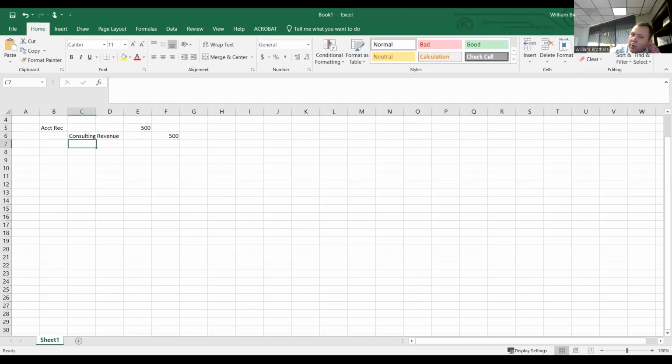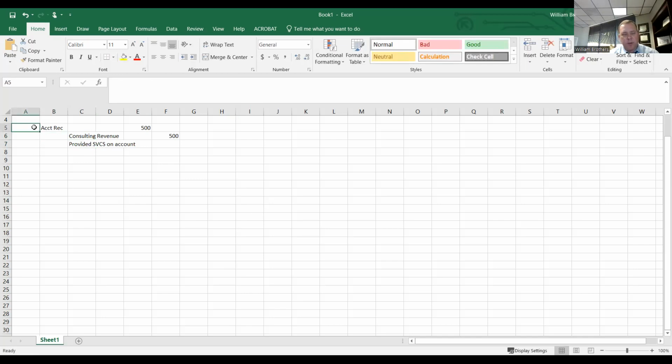In this example, both the asset, accounts receivable, and the revenue item, consulting revenue, are increased. Assets are increased by debit. Revenue is increased by credit. And I'm going to put in a description: provided services on account. So that's part one of the transaction.